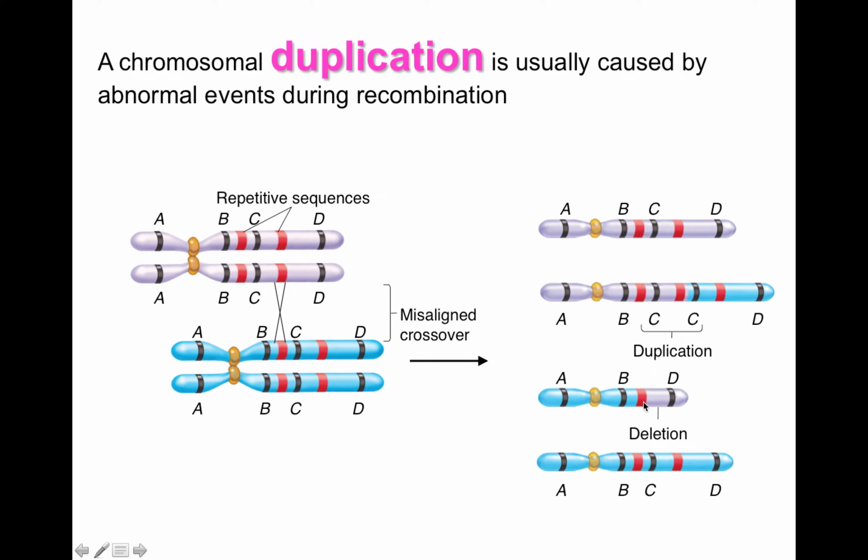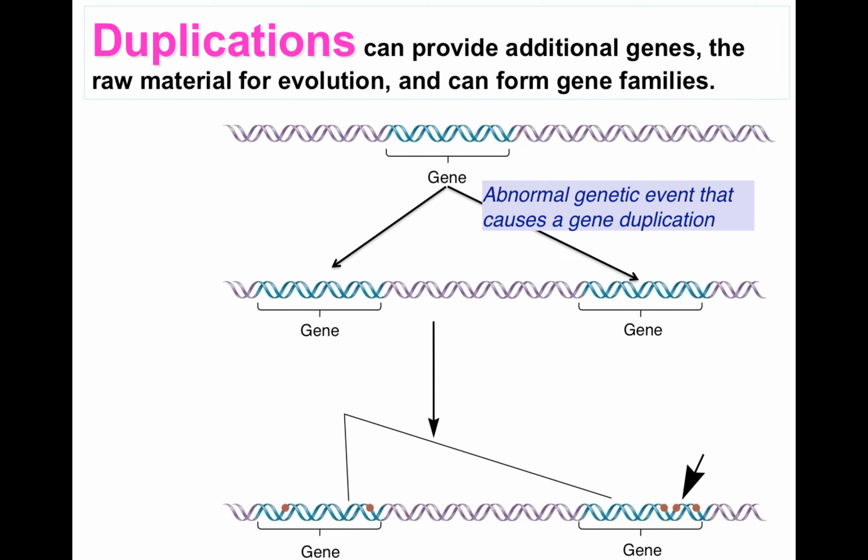And there's also a reciprocal deletion. Usually chromosomes with a deletion are lost, and chromosomes with a duplication might be carried on into the next generation. Duplications are interesting because they can provide additional genes, the raw materials for evolution, and can form gene families.